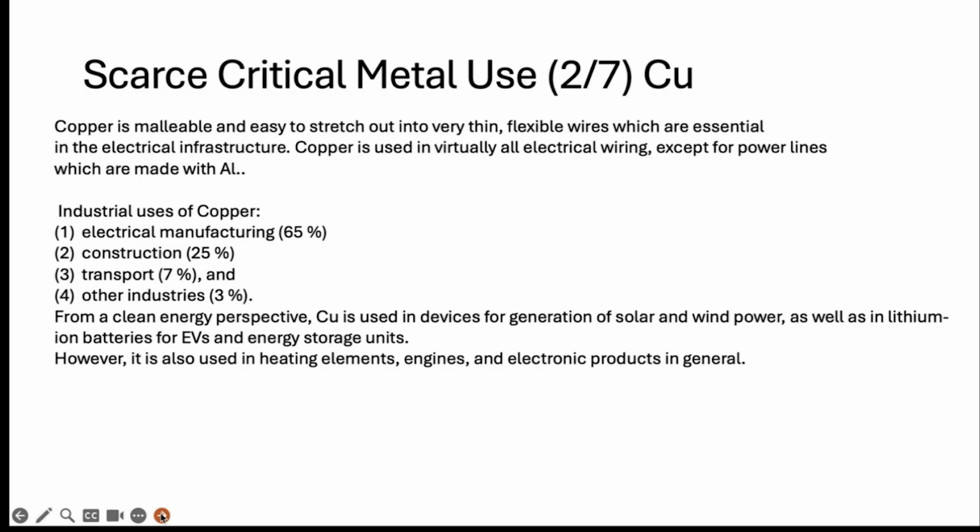Industrial uses of copper: electrical manufacturing, that's 2/3 of it, 25% in construction, a little bit in transport and other industries. From a clean energy perspective, copper is going to be needed for generating solar and wind power, and electricity lines to deliver that. And then, of course, there's some uses in lithium-ion batteries. Also other things.